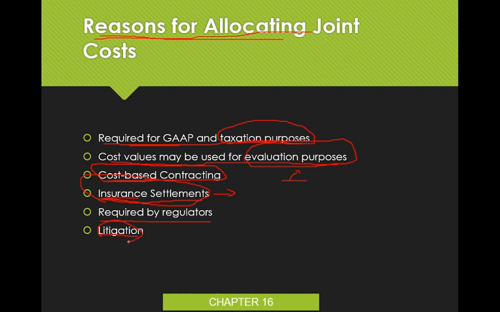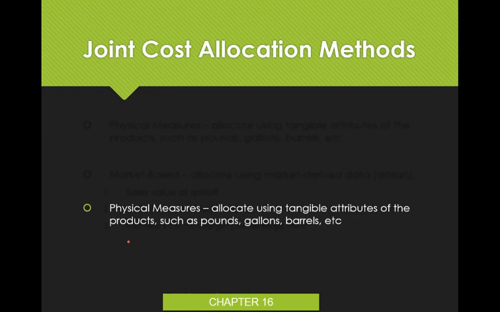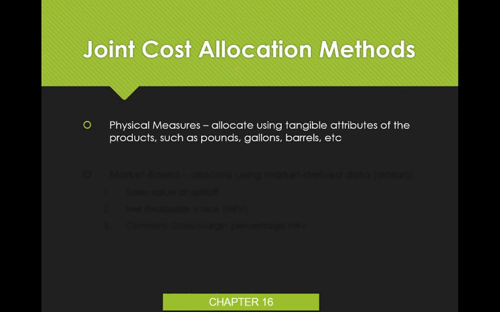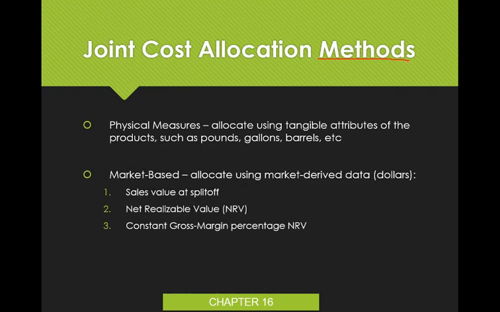Okay. Here we have the methods of allocating joint costs to products. We have two groups of methods: physical measures and market-based measures.